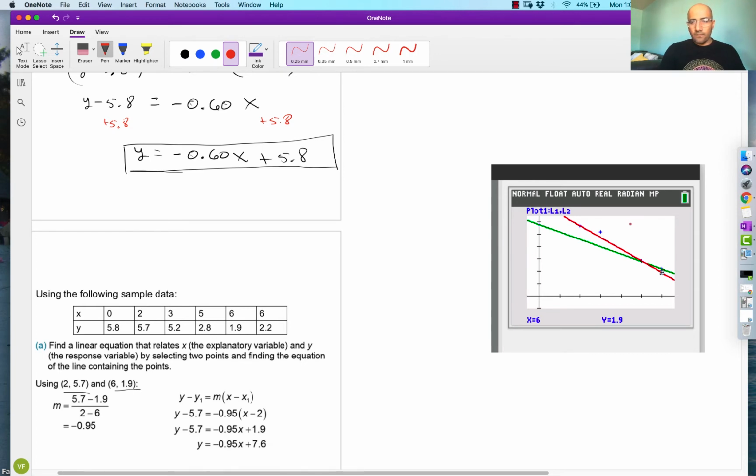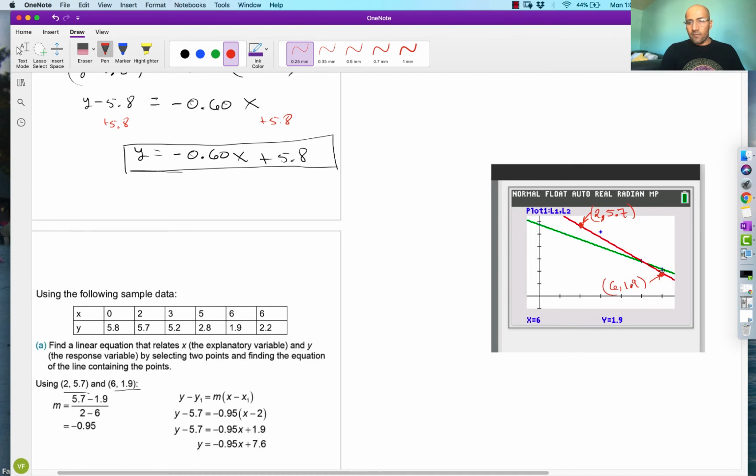Okay, so the red line was achieved by going through this point and that point. And this point right here was the ordered pair 2, 5.7. And the other point was that one right there, which is the ordered pair 6, 1.9.